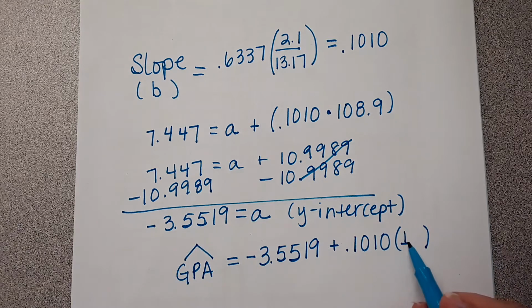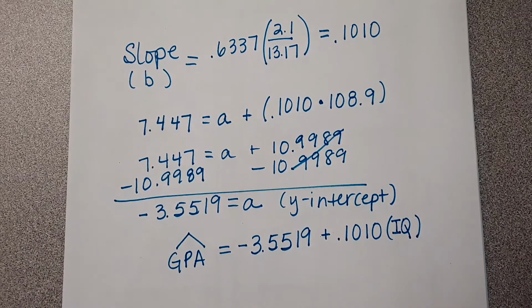It is IQ. So along with this equation, they're going to ask you a couple of things. They're going to ask you what does the y-intercept mean in context of this problem? What does slope mean? Or, they would probably say interpret the slope. So those are things you have to think of.